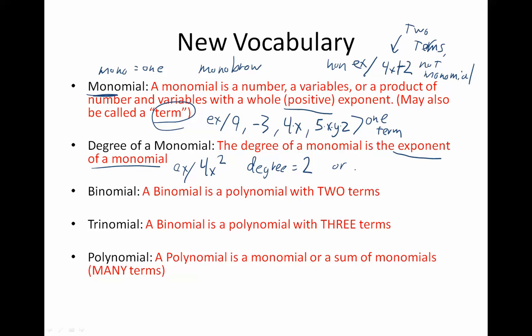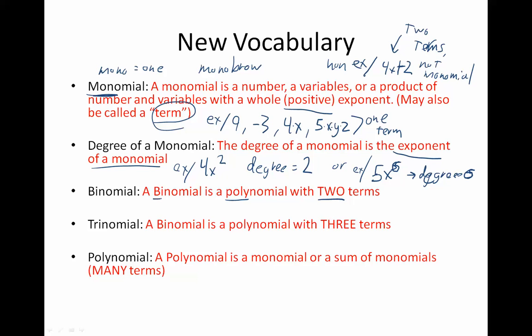Or another example, 5x to the 5th, the degree is 5. That's a terrible example because those are the same number. Let's do x to the 6th. That makes it 6.